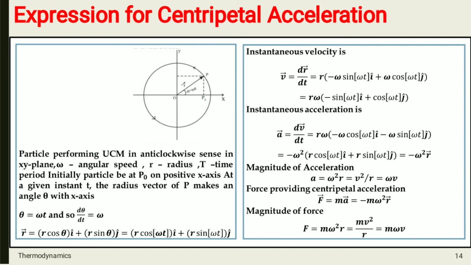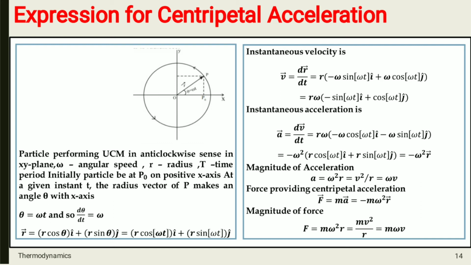You can take r as common, because it is common in the equation of position vector. Then you can take omega common, and you will get r omega[-sin omega t i cap + cos omega t j cap].